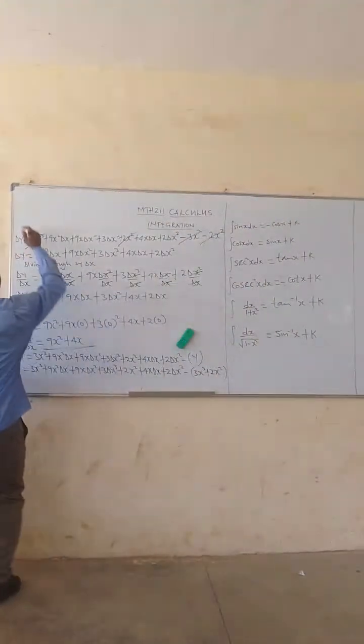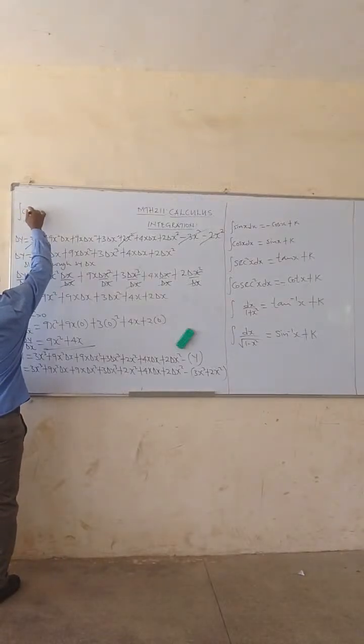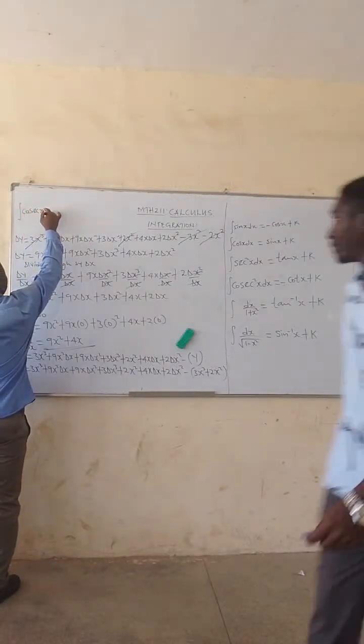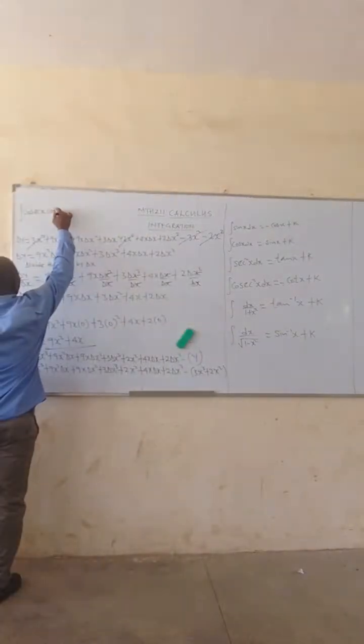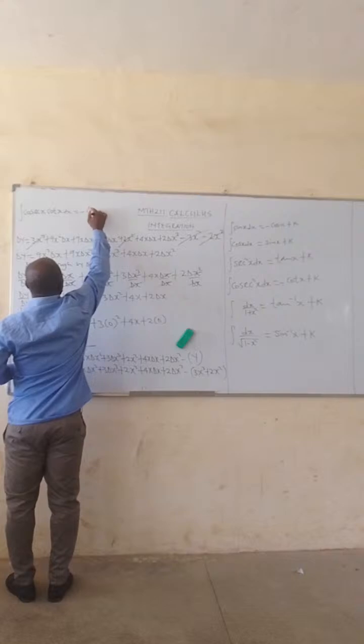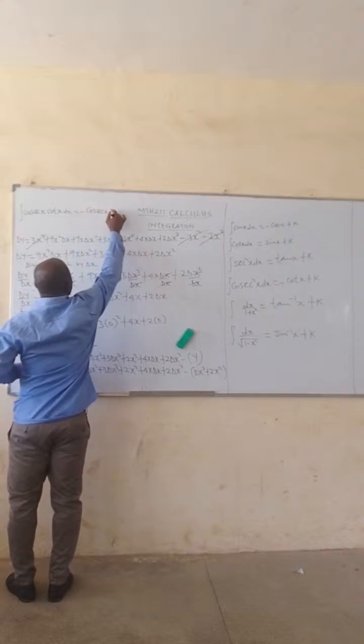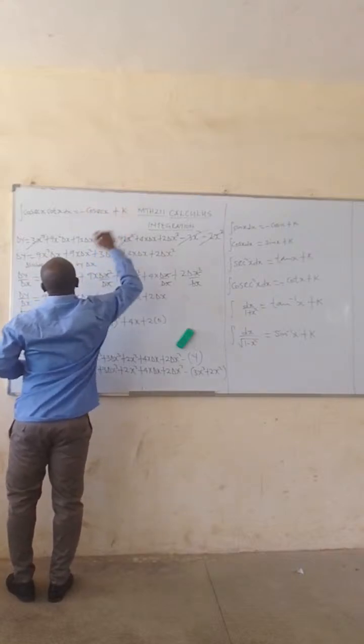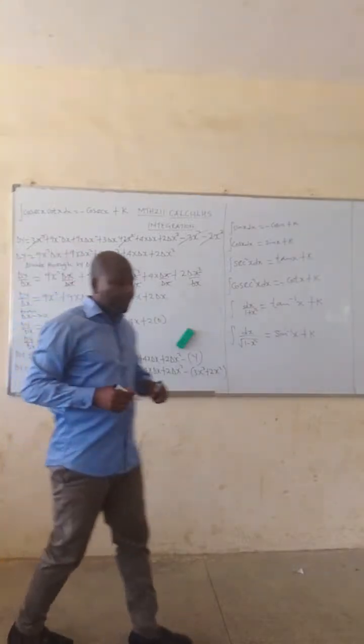Well, we have integral of cosec x cot x dx, which gives minus cosec x plus constant.